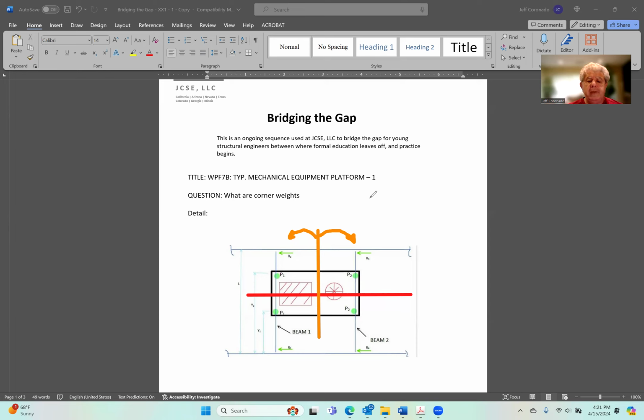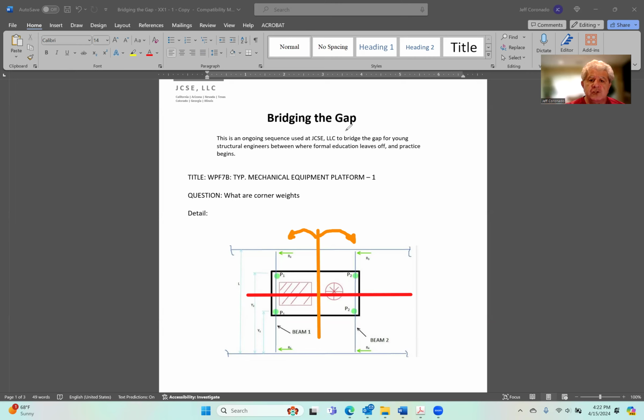Usually you will be safe to assume that about two-thirds, about 66, 67% of the weight of the mechanical equipment, would be the lower bound of your assumption.